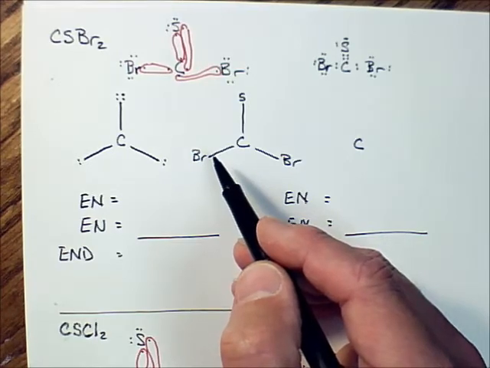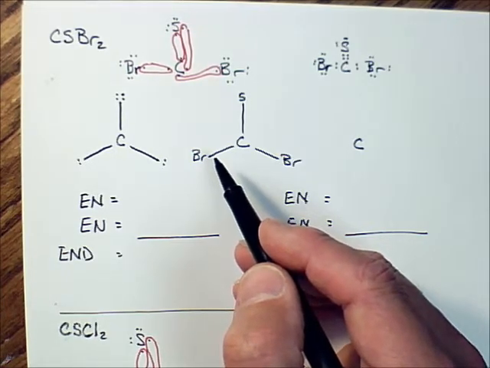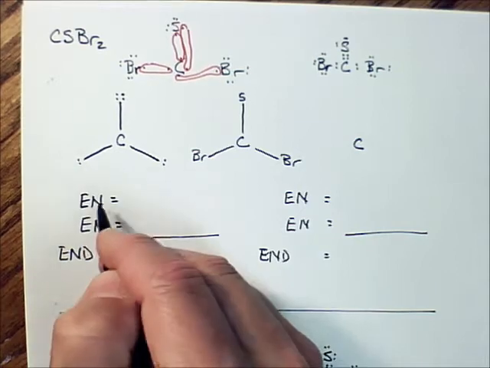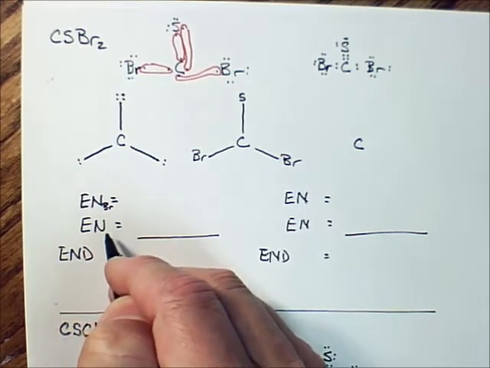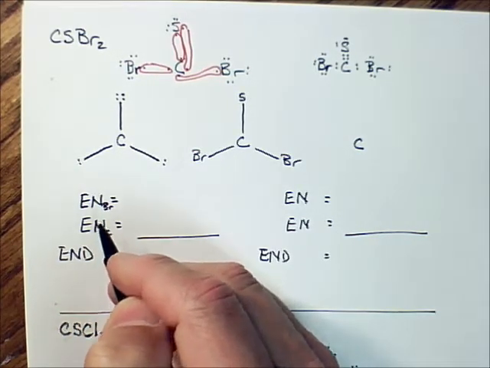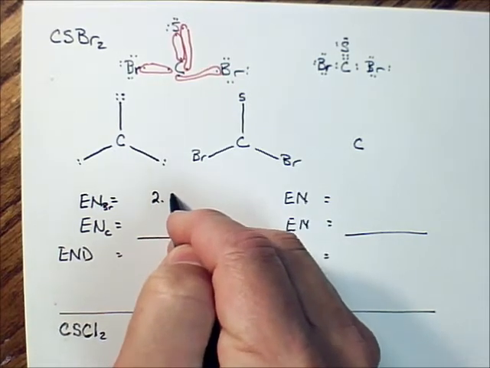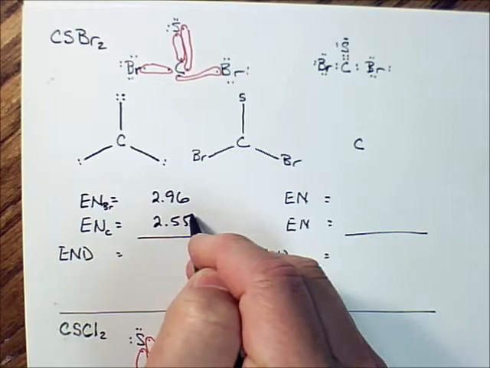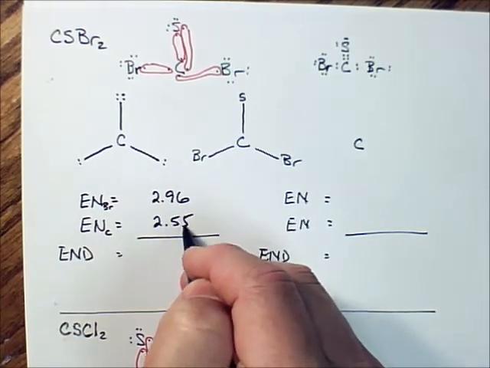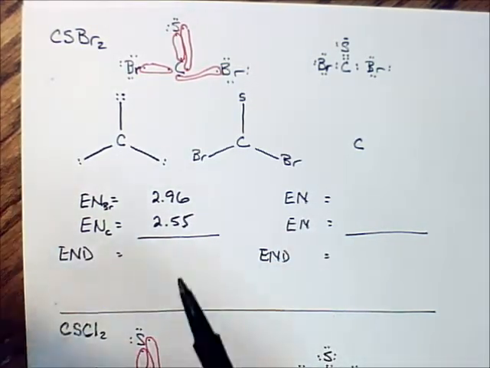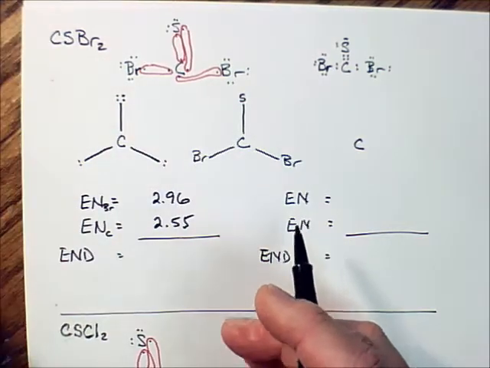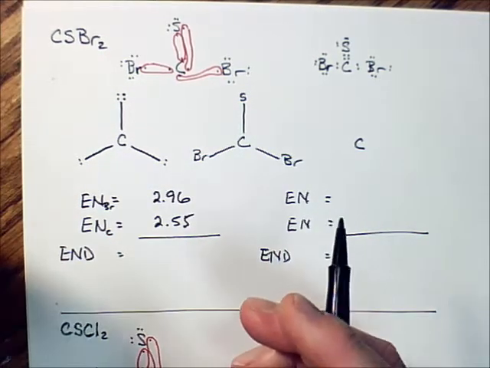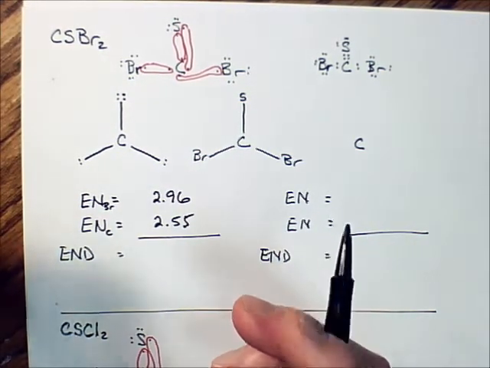So bromine has an electronegativity of 2.96, which is larger than carbon. So we'll put bromine's electronegativity above that of carbon, so that I can subtract and get a positive number. Bromine is 2.96 and carbon is 2.55. Now, what is this electronegativity? This electronegativity is a relative measure, a comparison of how hard atoms pull on electrons they share with another atom.